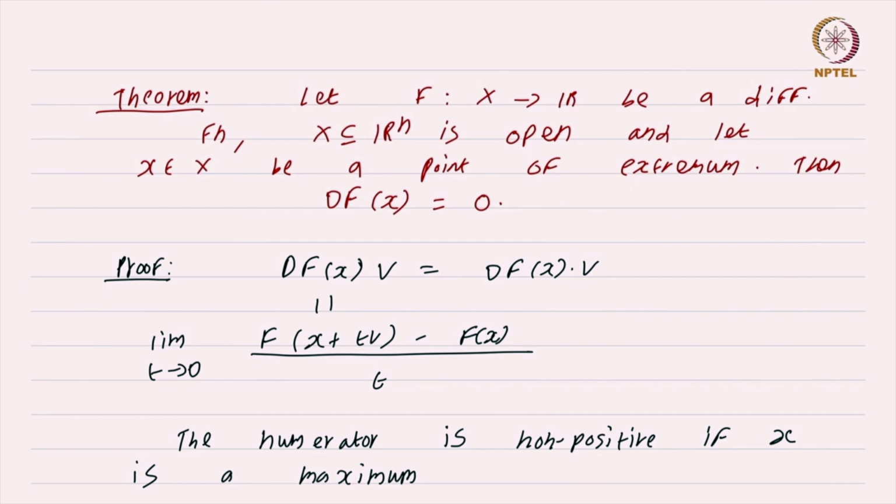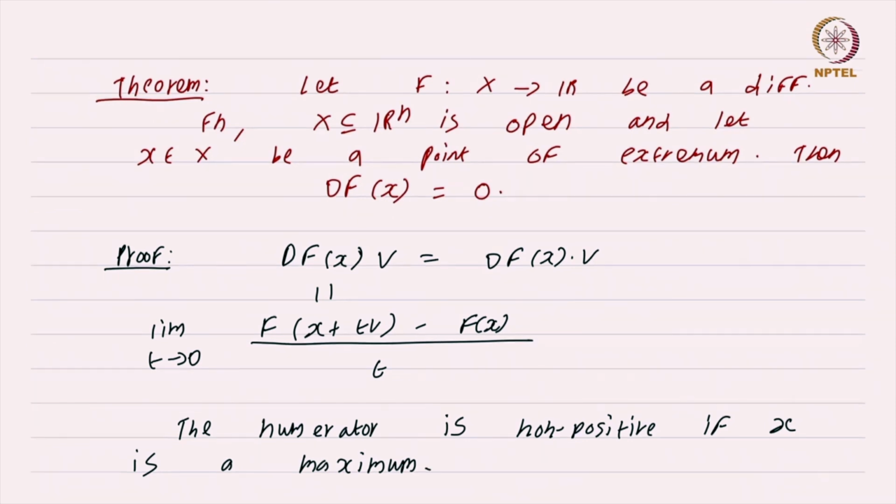Therefore, the numerator will be non-positive. This will be true for t sufficiently small. But the denominator will either be positive or negative depending on the direction of approach. If you are approaching from the right, it's going to be positive. If you are approaching from the left, it's going to be negative.